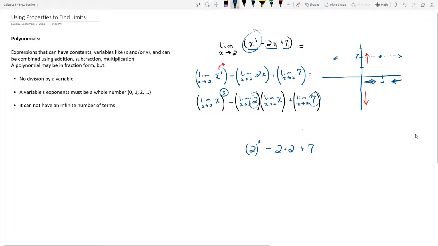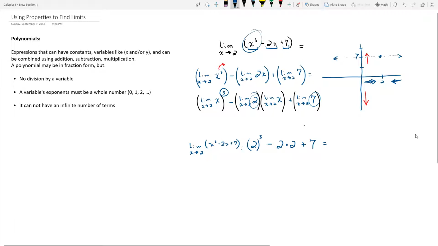So as our limit, as x approaches 2 for x cubed minus 2x plus 7, we will end up with 2 to the third minus 2 times 2 plus 7. And we don't need to actually write our limits next to these, because we have found the individual pieces to solve what our limit will be.